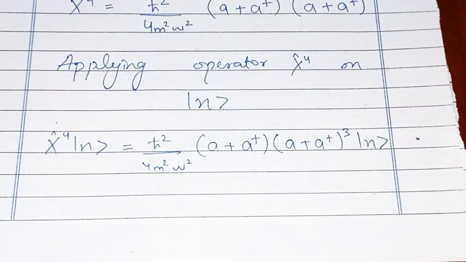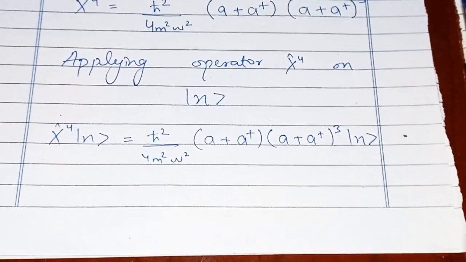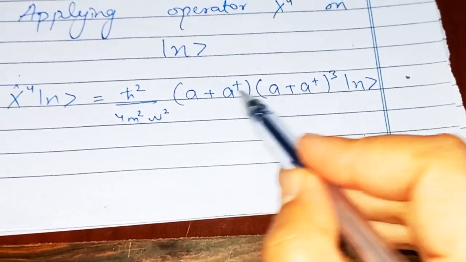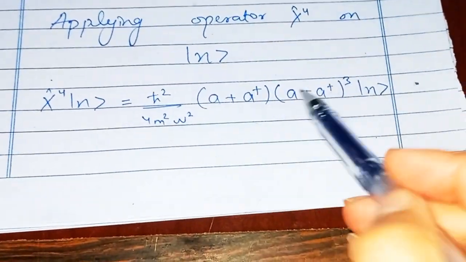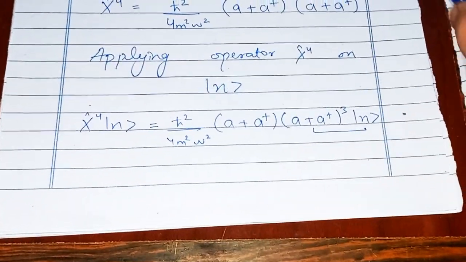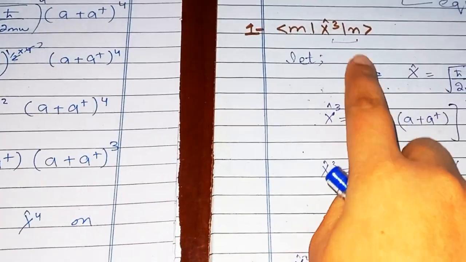Now one of the hectic things is reduced, because we can write the result of this part, which we already calculated in the previous calculation.